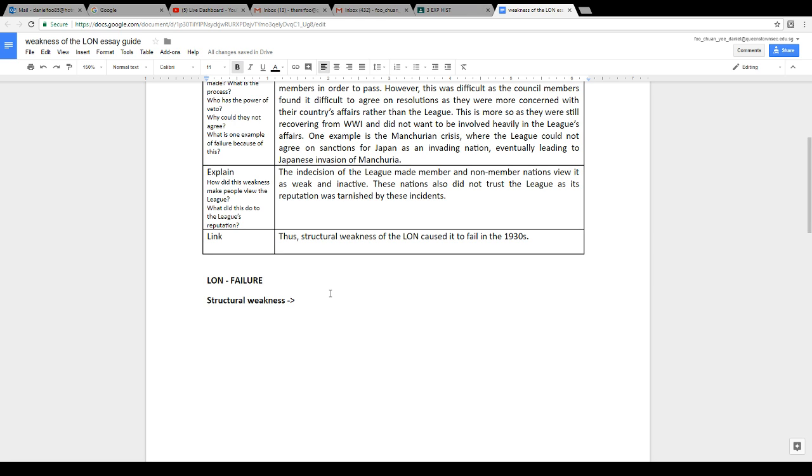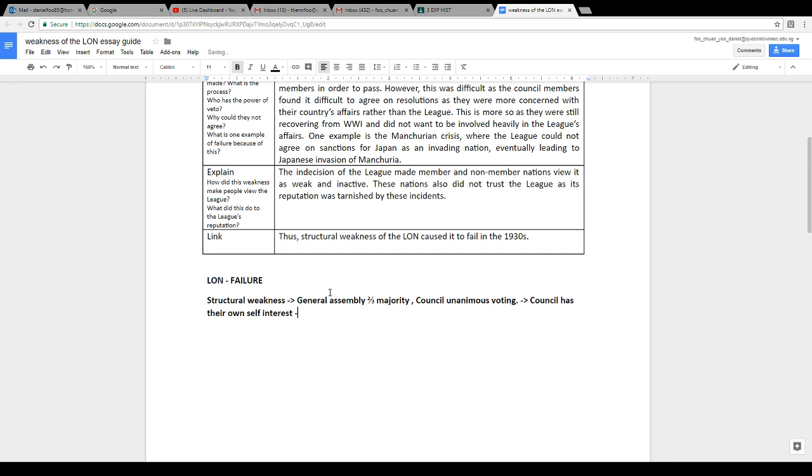Once you have your main reason, which is structural weakness, you just need to elaborate a bit on what the structural weakness is. The main things you need to know are that the General Assembly needs a two-thirds majority to vote, and the Council needs unanimous voting. Then you explain why this is a weakness: the Council members have their own self-interest.